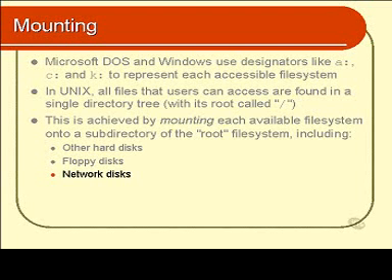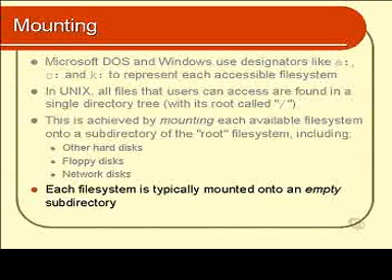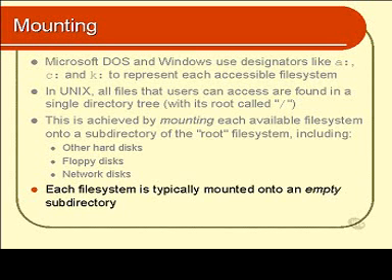What I should mention is that each connection point, each mount point, is just an empty subdirectory. There is a typical empty subdirectory used on all Unix systems, expressly for the purpose of having other file systems mounted onto it. That subdirectory is called /mnt, which of course is short for mount. But you don't have to mount your file systems into /mnt, you can mount them anywhere you like.